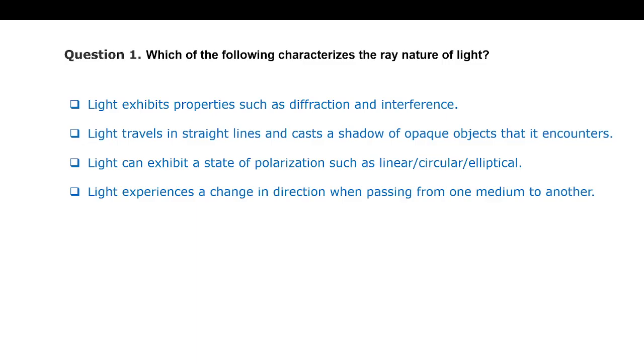Yeah. So the first question is, which of the following characterizes the ray nature of light? As you know, the professor has already discussed all the characteristic natures of the ray, the photons or light in ray nature, and then he discussed the electromagnetic wave nature and wave nature, and then electromagnetic radiation, and then the last one is quantum photonics, absorption, emission, those quanta things.